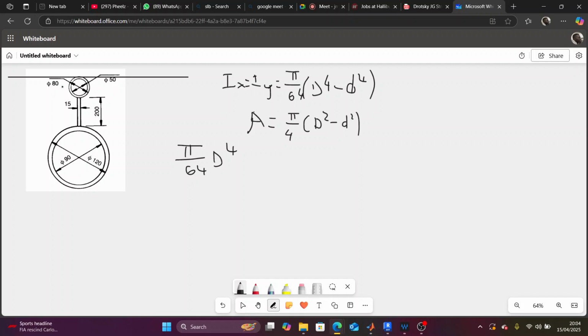The circle inside means minus, we are removing, pi over 64 small d to the 4. So they simply take pi over 64 as a common factor, which gives you this. The same is applied with the area. To avoid repeating yourself, you can consider them as one and apply the formula. That's where it comes from.